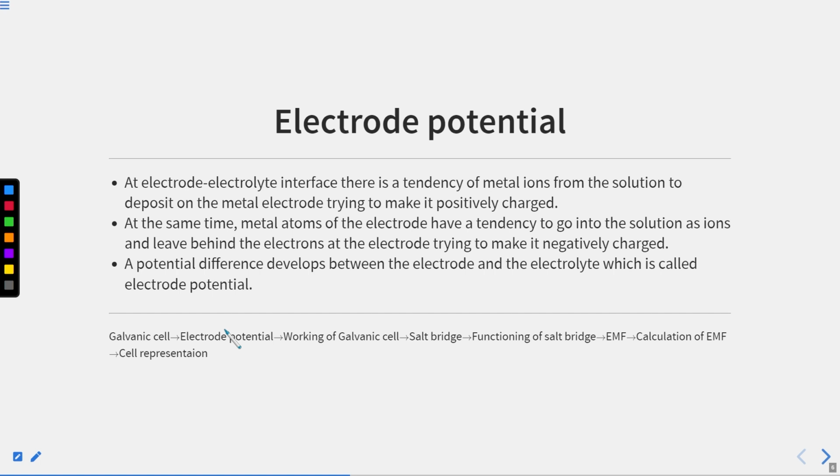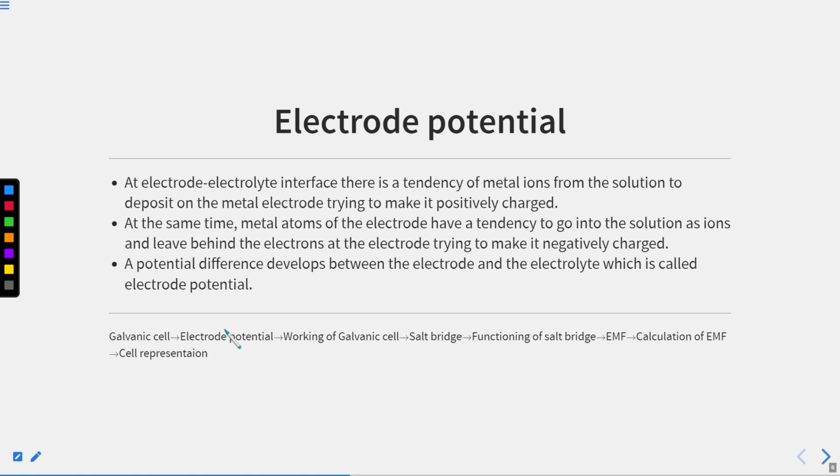Now what will happen? There is an interface, between the solution and the electrode. There must be a boundary, that is why they are separate. Now on that interface, the metal has a tendency to go from the metal form to its salt form. How? By donating 2 electrons.